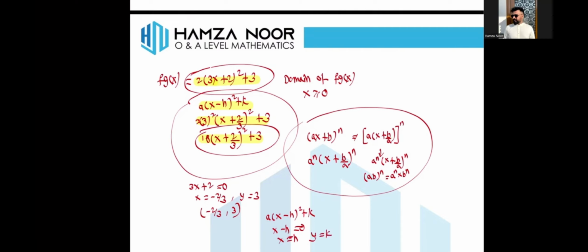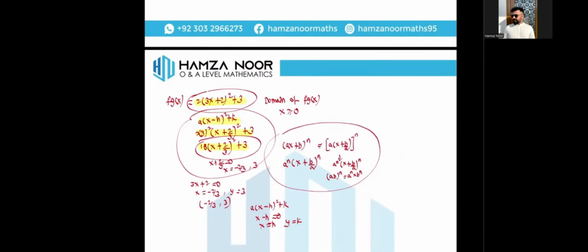Therefore, h comma k is basically the turning point of the quadratic graph. In the same way, x plus 2 over 3 is equated with 0, so x is equal to minus 2 over 3 and y is equated with 3. So minus 2 over 3 comma 3 is the turning point of the quadratic graph. Now I'm going to erase this extra explanation over here.